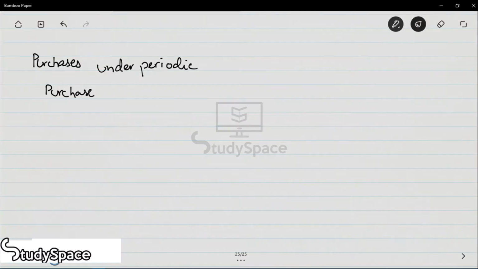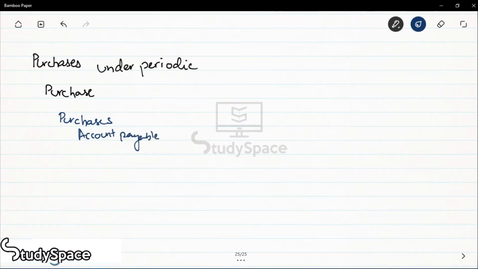So the basic entry for the single purchase of goods would be purchases debit and accounts payable credit.